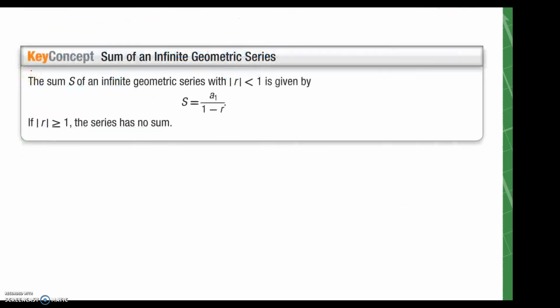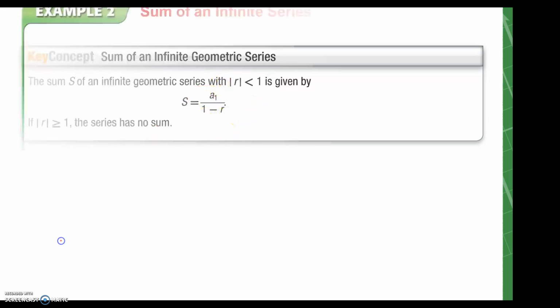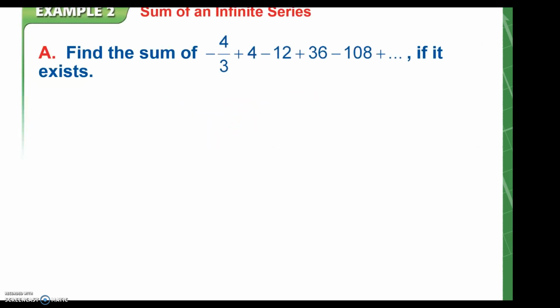So to find the sum of an infinite geometric series, meaning we're going to add up every single term possible, we can only do this when it is convergent. So when the absolute value of the ratio is less than 1. If it is greater than 1, then the sum does not exist. So this is your formula: first term over 1 minus r, if it is convergent.